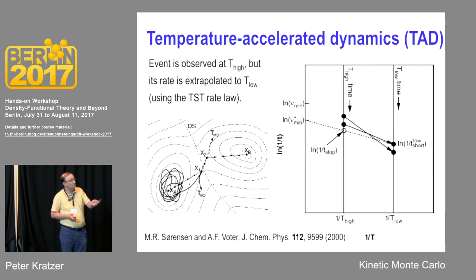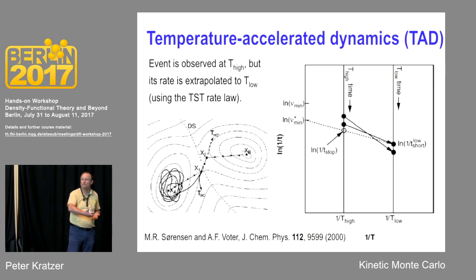And then you can use these rates to do a stochastic selection, to select one process with a rate belonging to the low temperature, and then do a Monte Carlo move. So you use the high temperature MD simulation to fill your process list, and then scale it down to low temperature and select according to the low temperature, which is quite smart, I think.